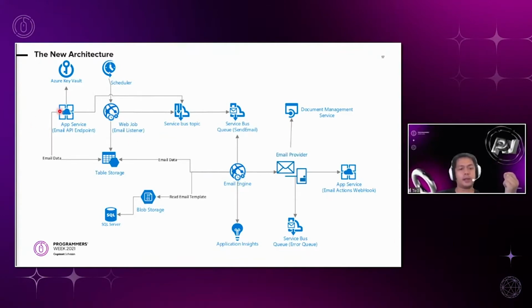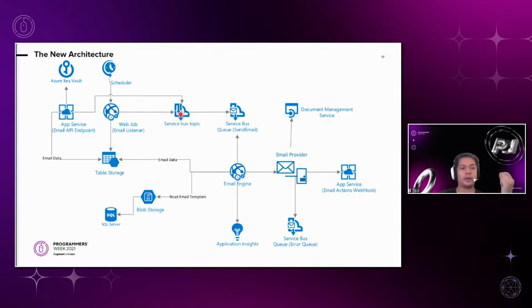The app service gets confidential information from Azure Key Vault, and the app service will save the email data to the temporary storage, which is Azure Table Storage. It will then send a message to the Azure Service Bus, and we configured a Service Bus queue to subscribe to that topic.